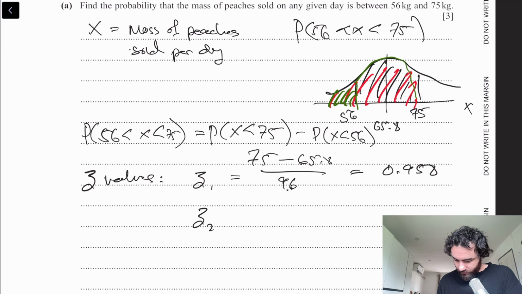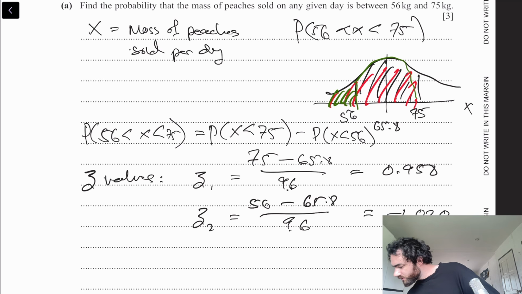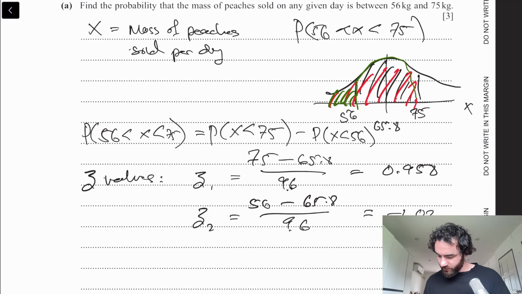And Z2 will be 56 minus 65.8 divided by 9.6. That is negative, which makes sense for the z distribution, and it is minus 1.02, rounded to that because I know it's 1.021.